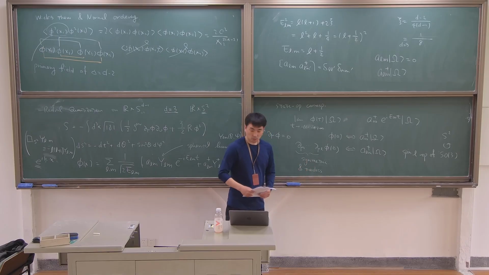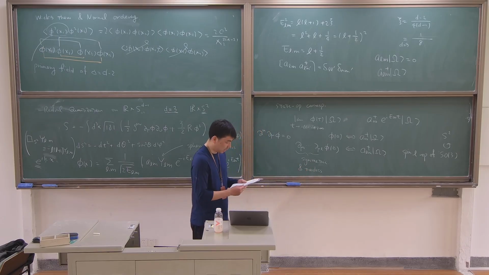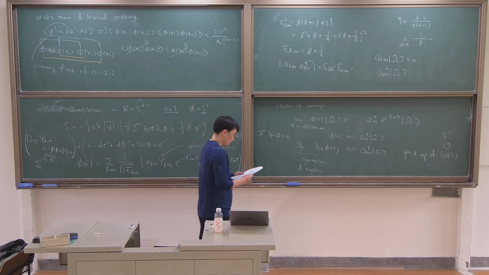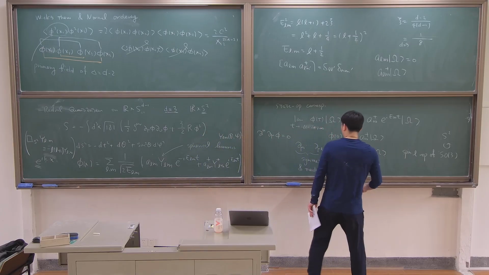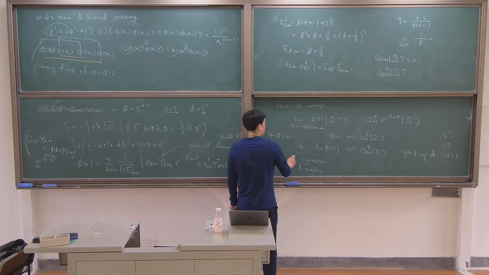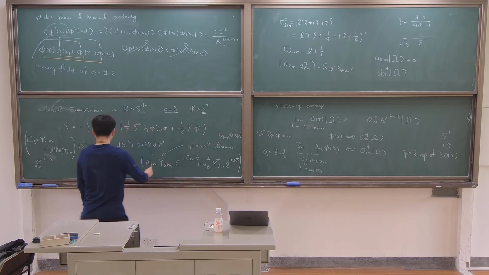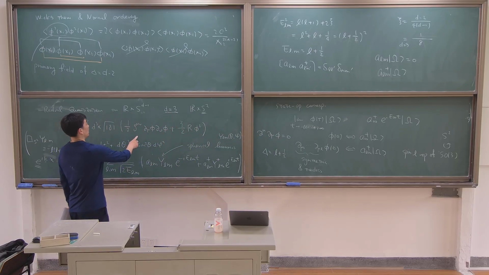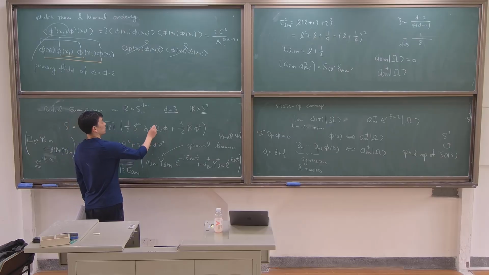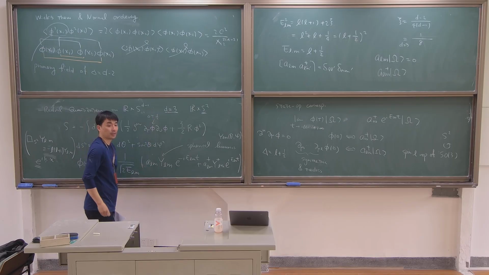So symmetric, so this will give you the conformal dimension delta. So this delta is equal to L plus 1/2. As you know, in 3 dimensions, the action is given by here. In 3 dimensions, phi has a conformal dimension of 1/2, right?